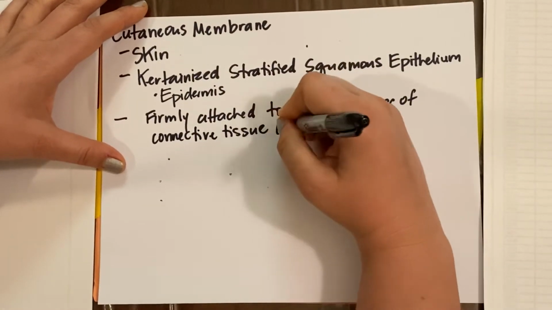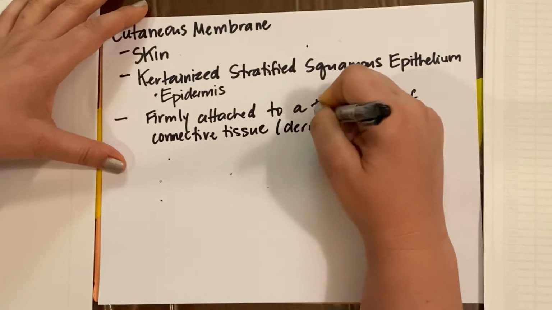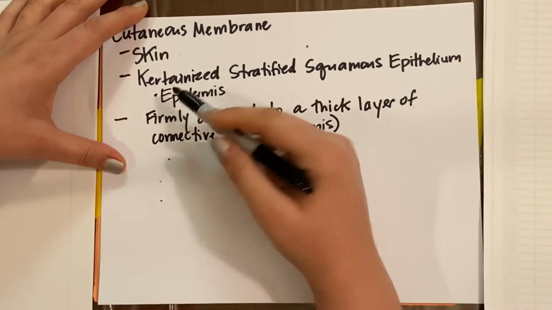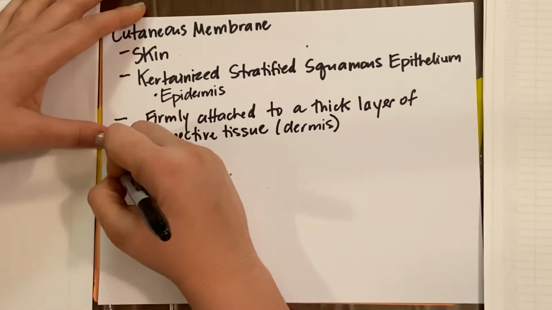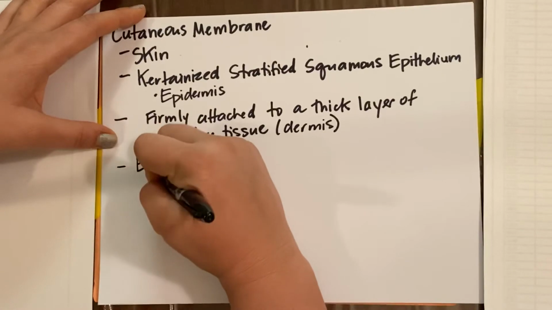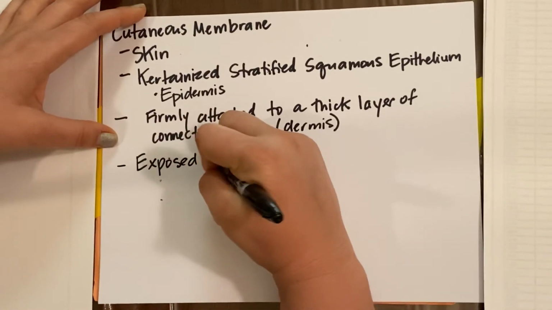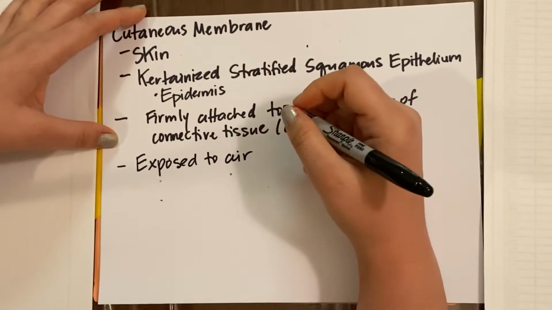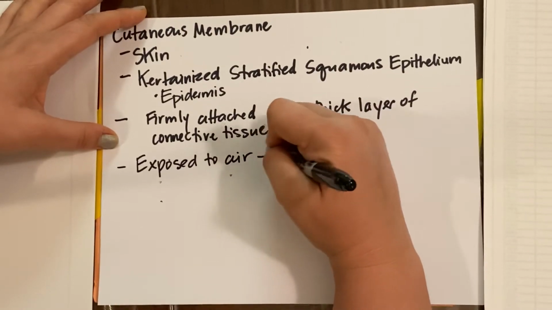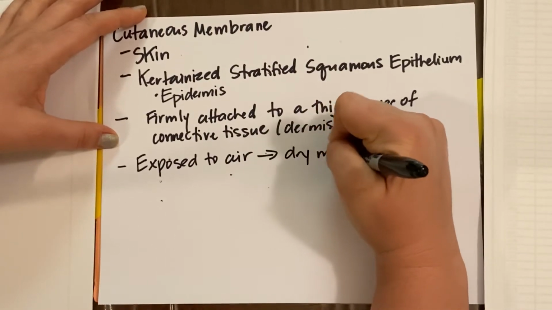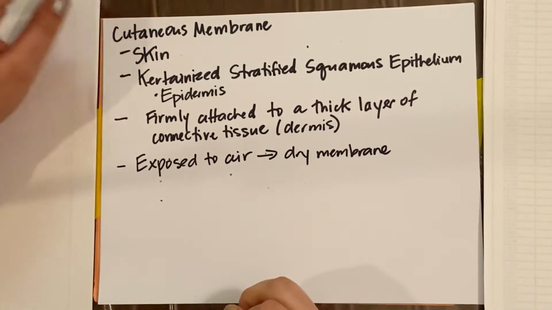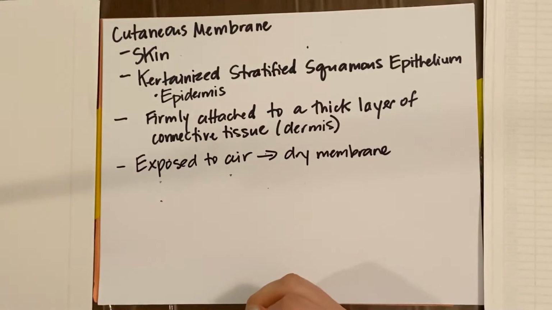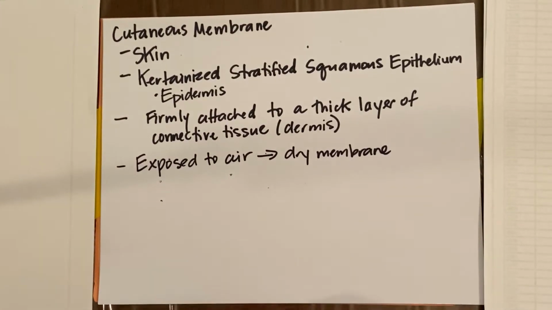Okay, and this is going to be the dermis. Epidermis means above, and this is going to be the dermis. Skin is exposed to the air, and therefore is a dry membrane. Okay, so we're going to talk more about the integumentary system and skin later, but this is all we need to know for now.